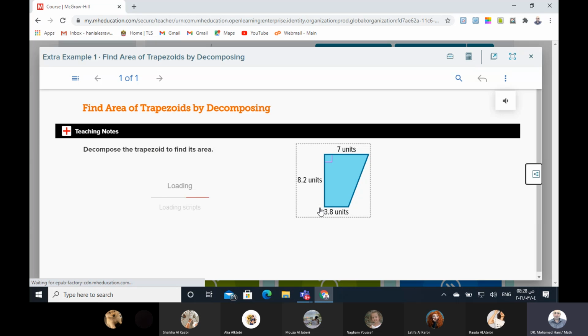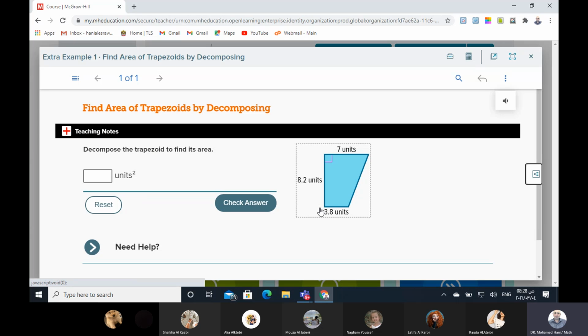Now we have this problem here. Decompose the trapezoid to find the area. I want you to try to find the area of this trapezoid, please, and tell me your answer.